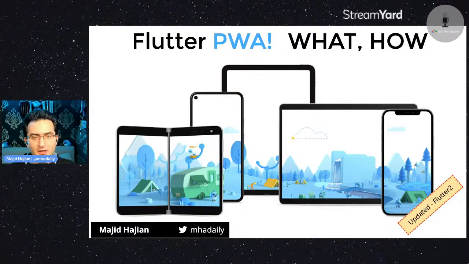So let's get started. We're going to talk about Flutter PWA and how it works and what it is actually. The goal of this talk is just to bring you some information about PWA and how it works in Flutter. If you are considering doing some kind of cross-platform application, you perhaps know that Flutter can compile to several different platforms, including web.